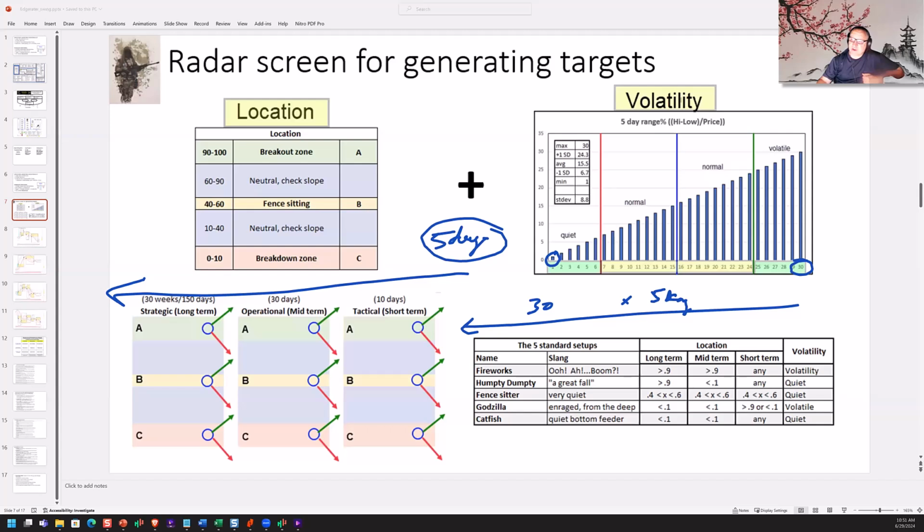Each day we're going to update the average. We're going to compute the standard deviation of those 30 points. And we're going to say that if you're within plus or minus 1 standard deviation of the average, this is just normal volatility, nothing special.